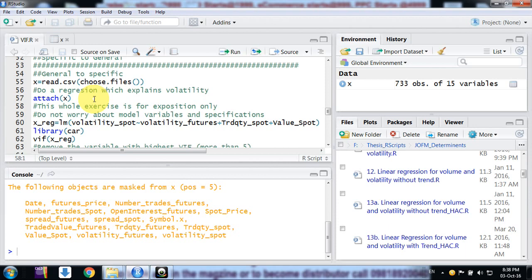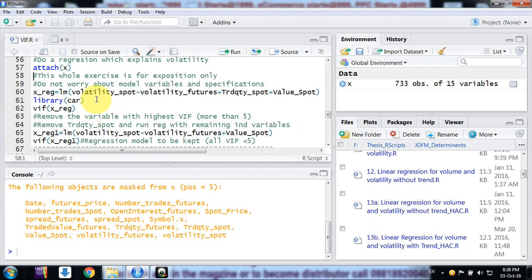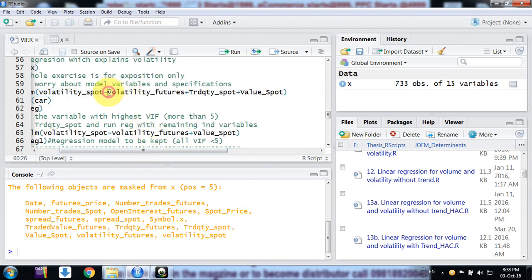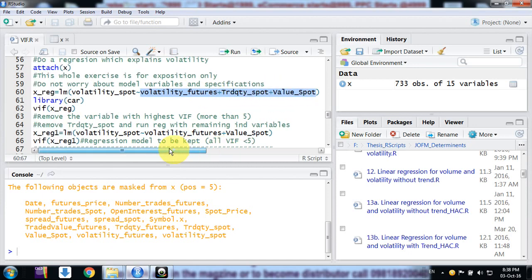This is my model. I just want to predict the volatility of spot market based on some variables like volatility of futures market and trade quantity of spot and value of spot. I'm just trying to make you understand, this is not an exact right model as per theory.